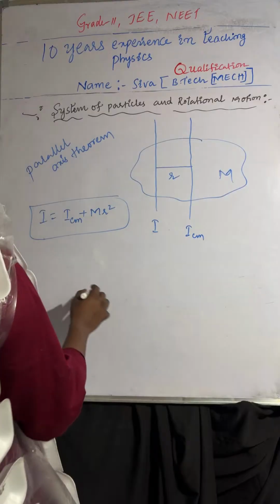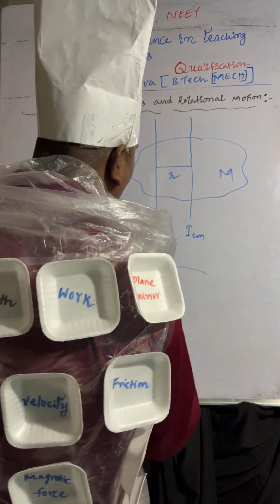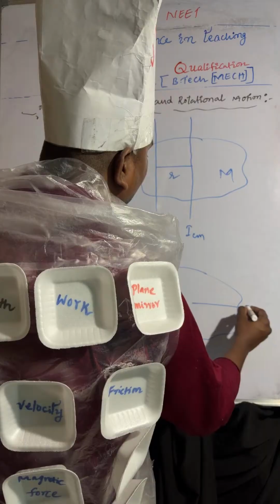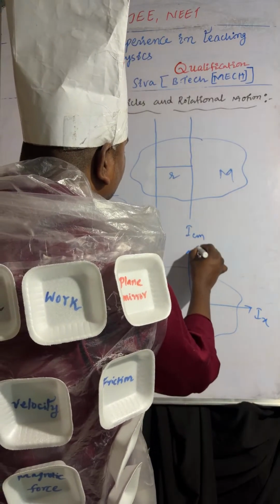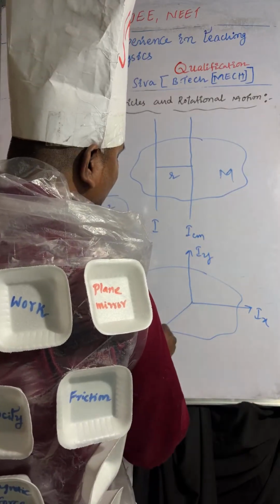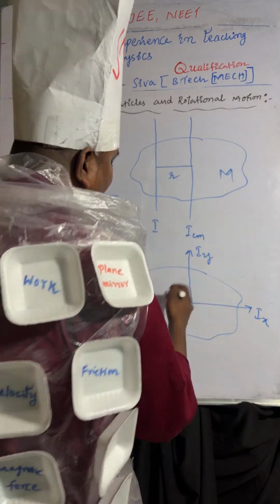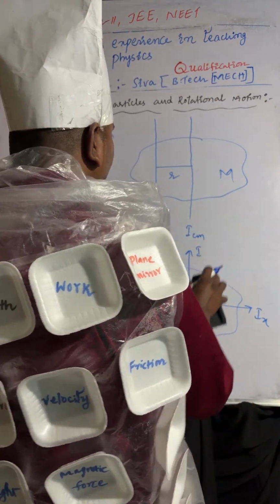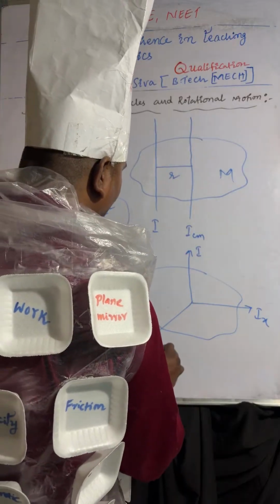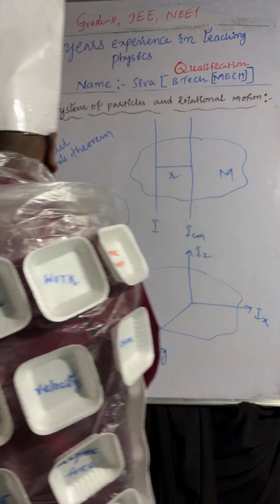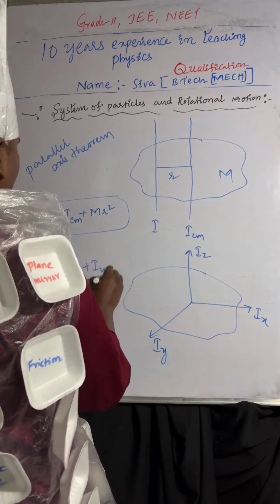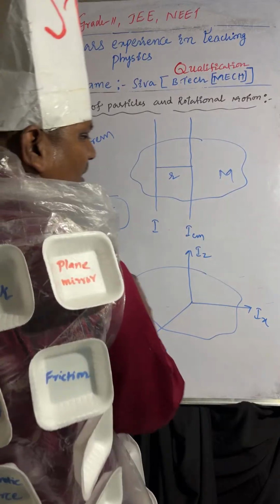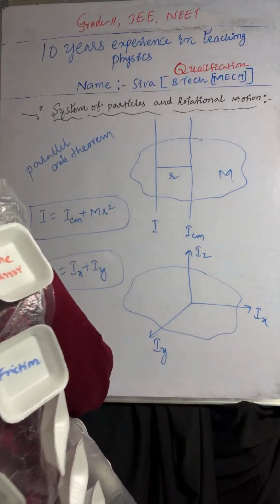Coming to the perpendicular axis theorem. Here I am taking a body of mass, with this along the x-axis, this along the y-axis and this along the z-axis. Then Iz equal to Ix plus Iy, the sum of the moments of inertia along the x-axis and y-axis.